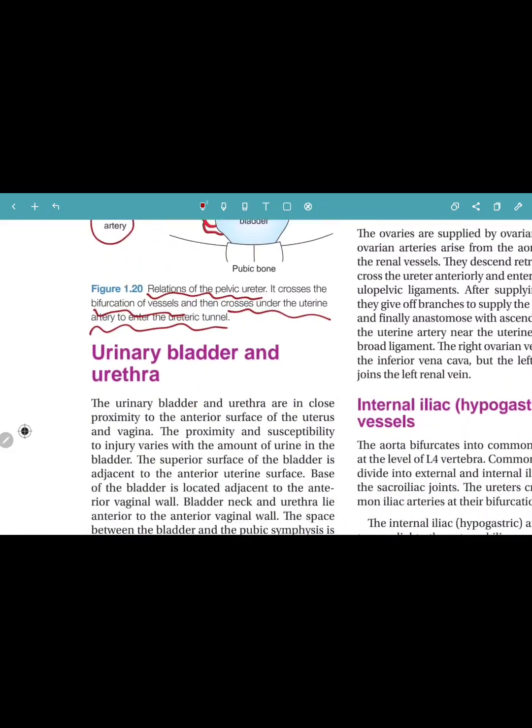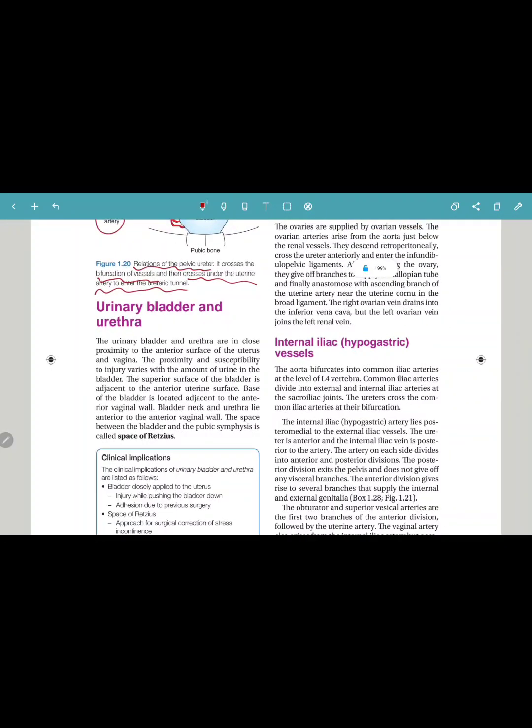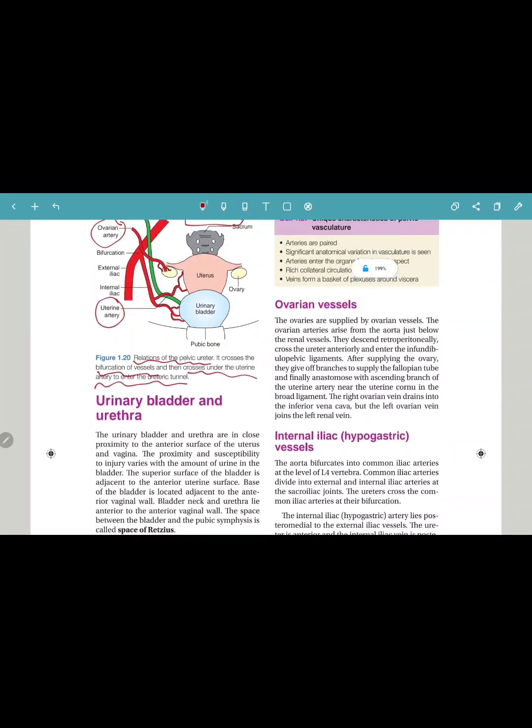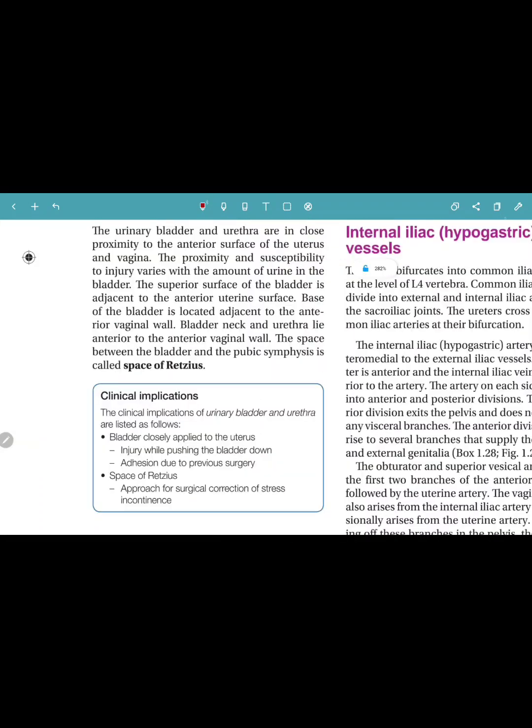So now moving on to the next. Just remember that the space between the bladder and the pubic symphysis is your space of Retzius.